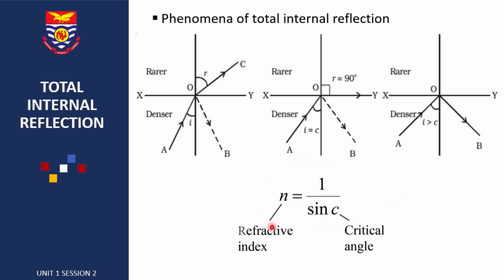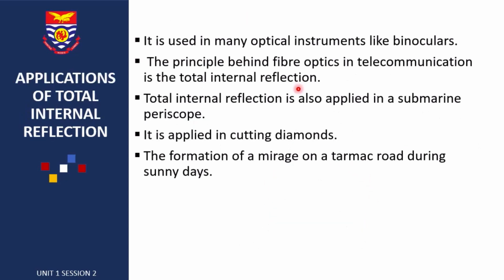This formula is derived from Snell's law. I hope you remember, where we have n1 sine theta 1 equals n2 sine theta 2. And I'll give this one to you as an assignment to go and find out how you can deduce this formula.